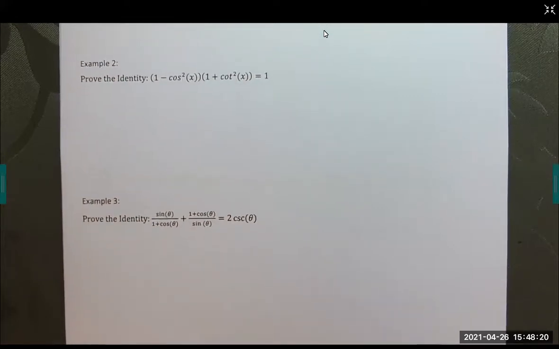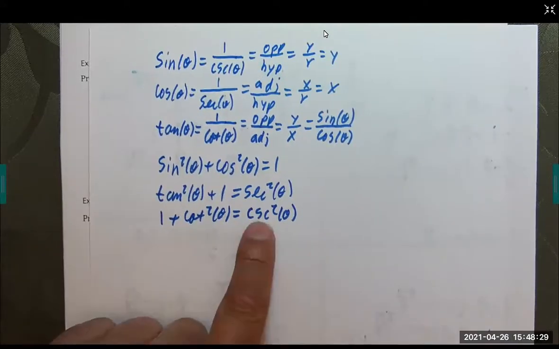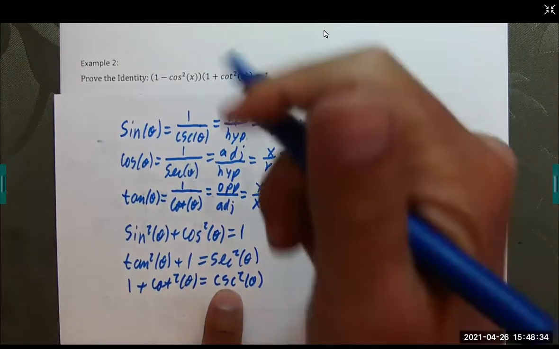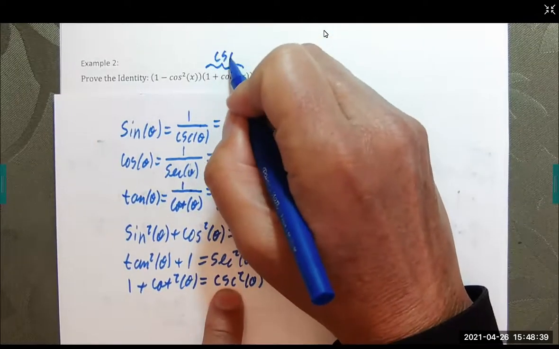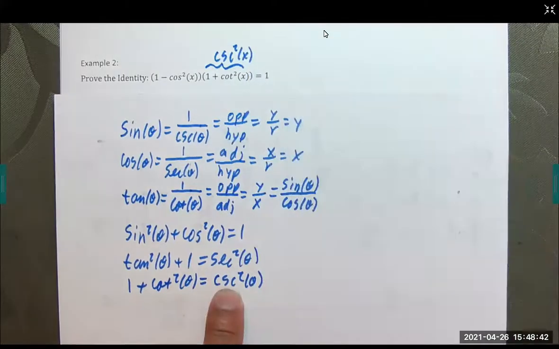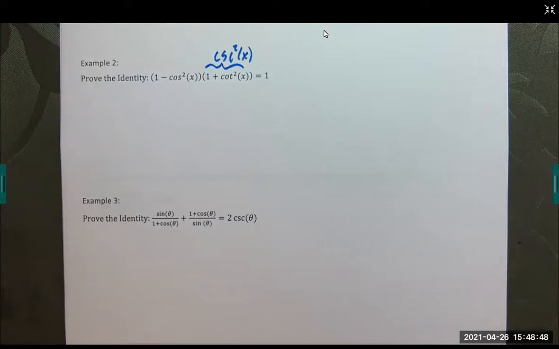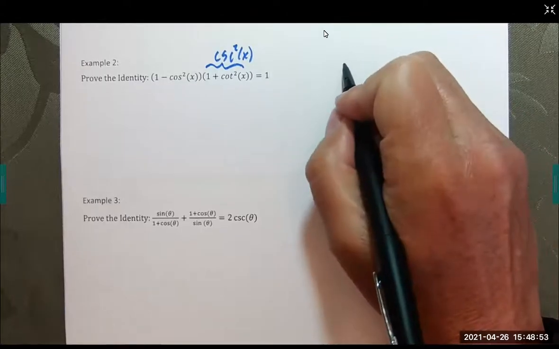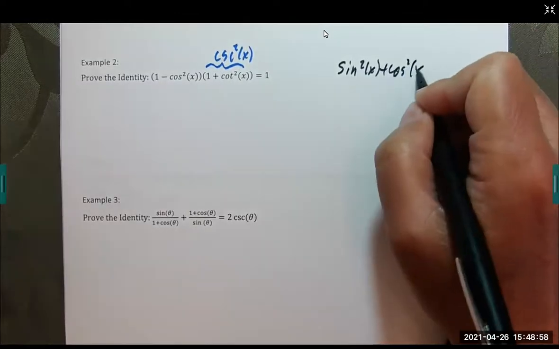Example 2, prove the identity. Now, I'm going to use, do you see 1 plus cotangent is cosecant squared? So this right here is cosecant squared x. I'm also going to use this one here. I know that this is just kind of side work. Sine squared x plus cosine squared x equals 1.